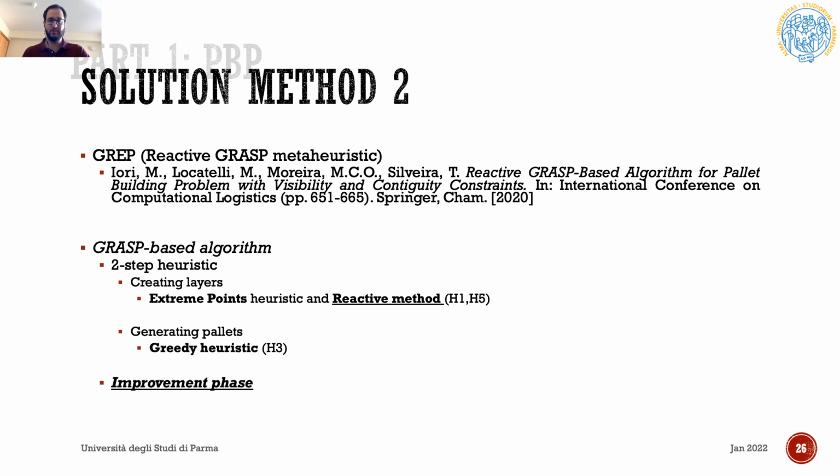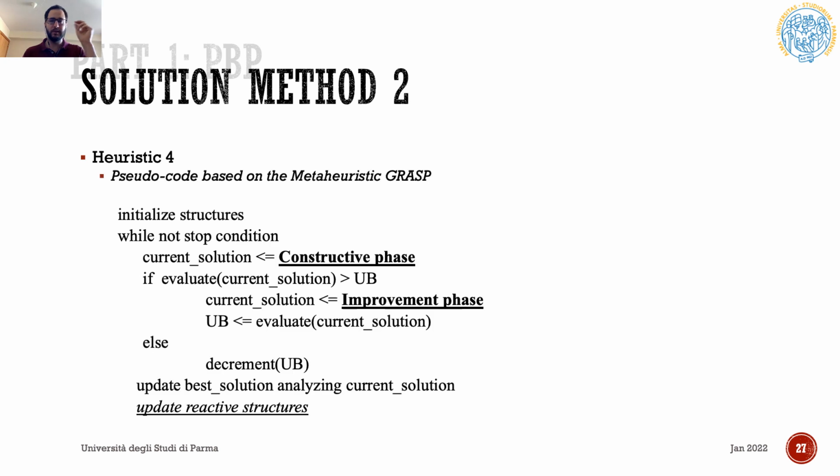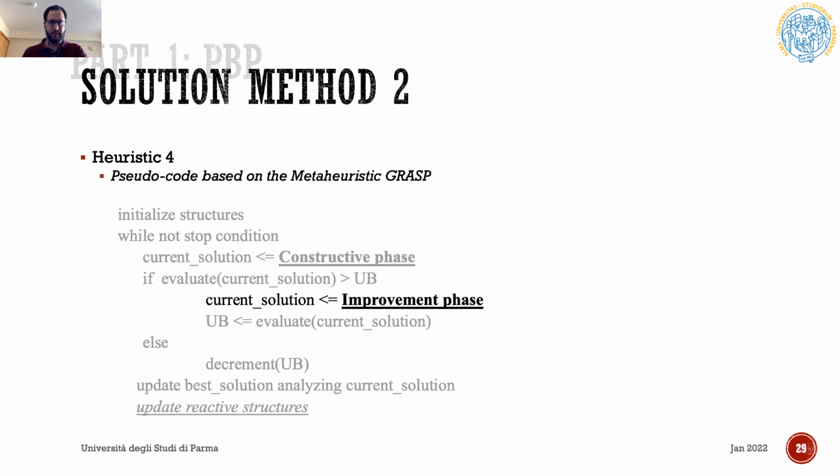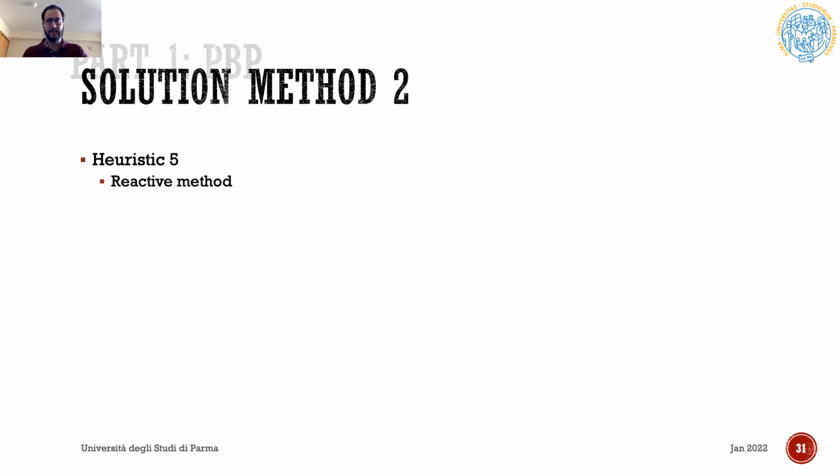Its improvement phase is based on an upper bound heuristic that is included in the GRASP framework here in order to launch the improvement phase. Additionally, the algorithm updates the reactive structures at the end of each iteration. Regarding the reactive method, it's a probabilistic and dynamic method to select a function that will evaluate an extreme point.